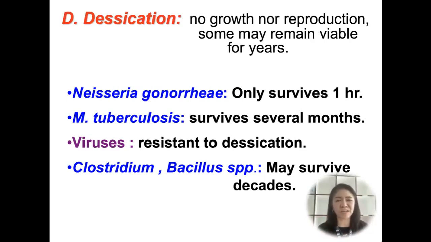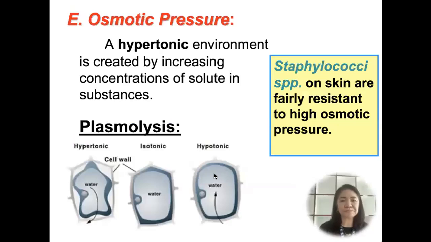Except kung medyo matagal na siya masyado naging desiccated, okay? Na viruses, hindi tumatalab yung desiccation for viruses as they are acellular, okay? And of course, Clostridium and Bacillus species, they may survive several decades because they are able to produce endospores, okay?